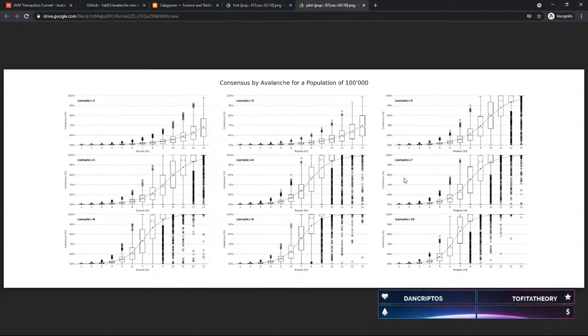Each of these graphs is for 1,000 simulations, because you have to do multiple simulations to create these box plots and get these variations, since it's a probabilistic algorithm, right? So you literally have to test thousands and thousands of times just to get a good idea if it's actually working.